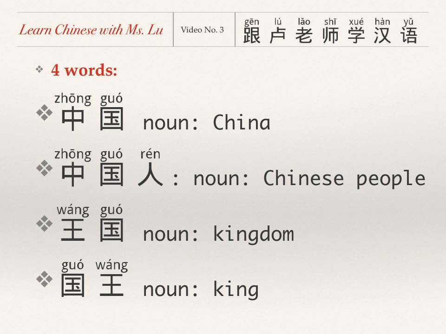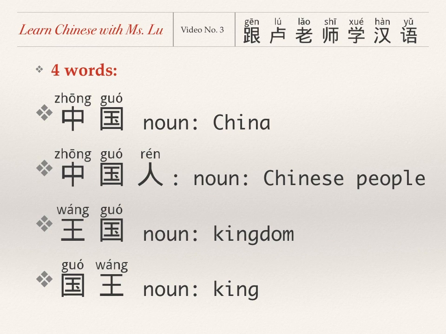Now we will learn 4 words. The first one is 中国, a noun. Remember, 中 is middle, center, and 国 is kingdom, country. 中国 means middle kingdom, which is China.